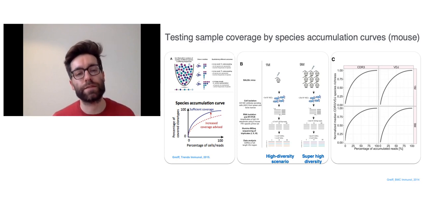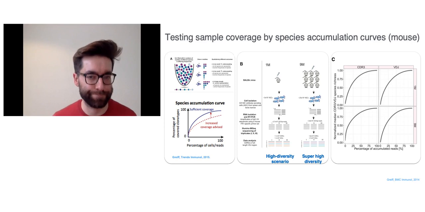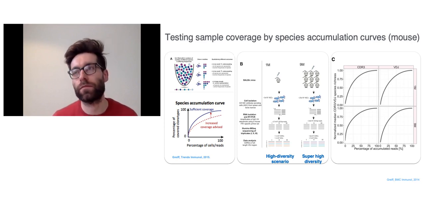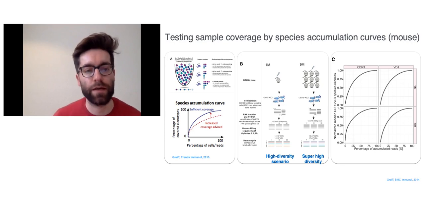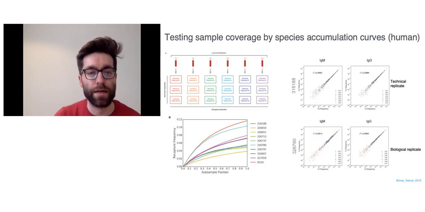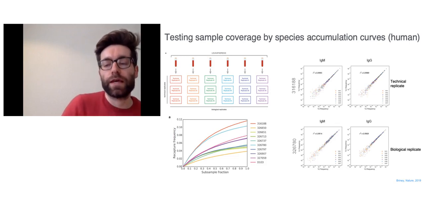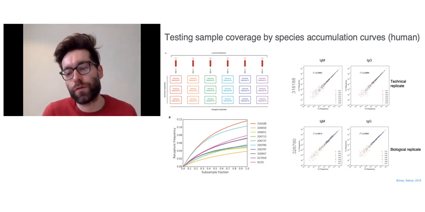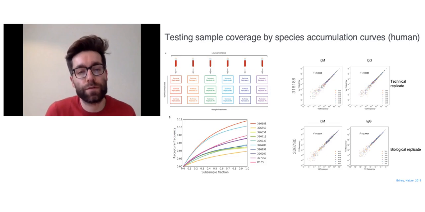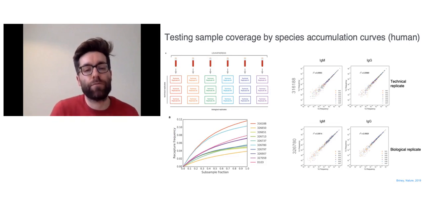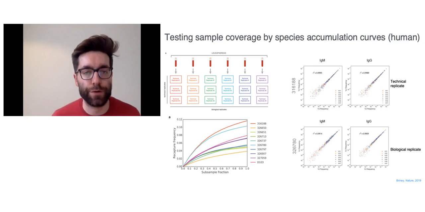And this means that you have undersampled your data. But probably close to 99% of all studies have undersampled their data, so you would be just +1 in the club. And you see even from this Nature paper from 2019, where they really over-sequence a lot, that there is not really a leveling off of those accumulation curves.